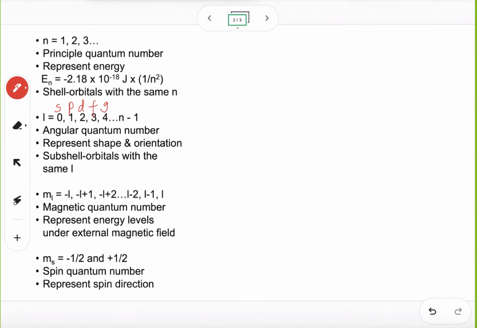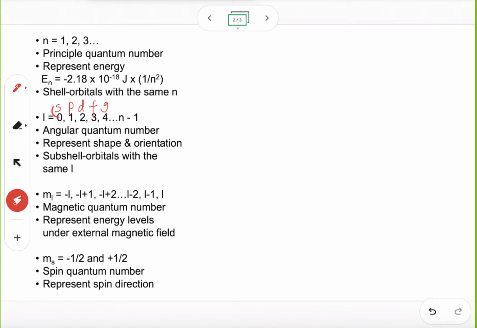Okay, well, the reason why we get these letters is from the old traditions in chemistry. The first person who developed this kind of labeling for L gave those 0, 1, 2, 3, 4 values of L different letters.